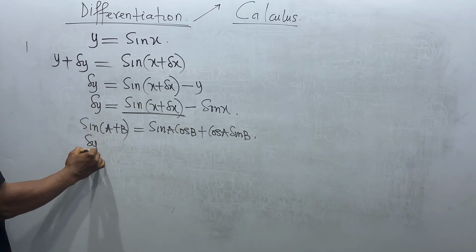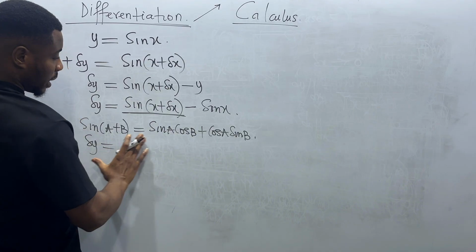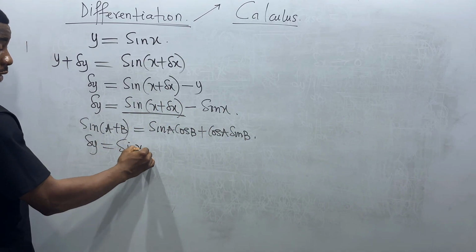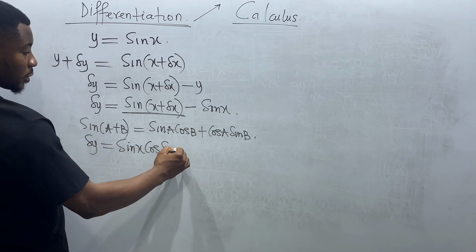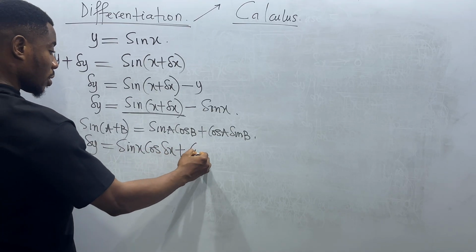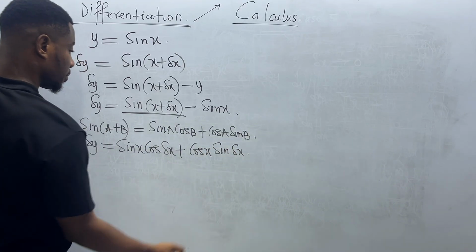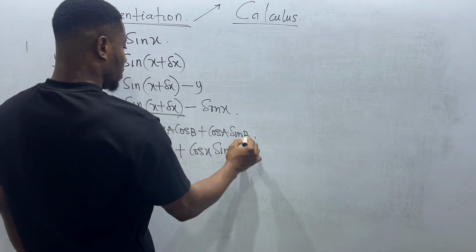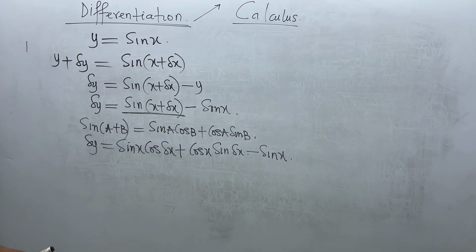I can see that change in y is equal to sine x cos change in x plus cos x sine change in x. Remember that we have minus sine x here.